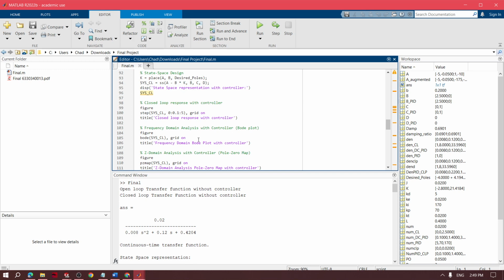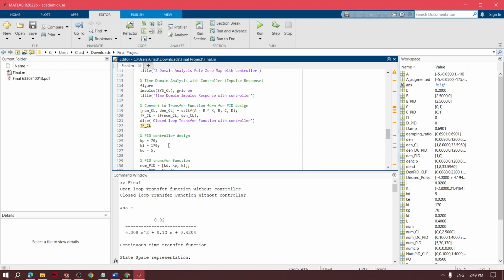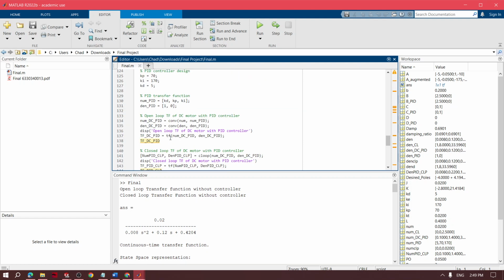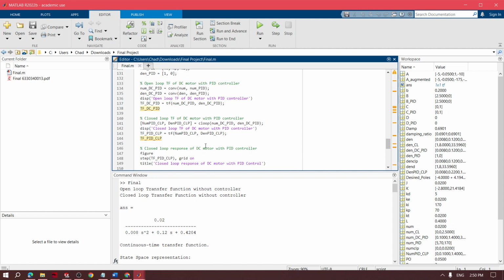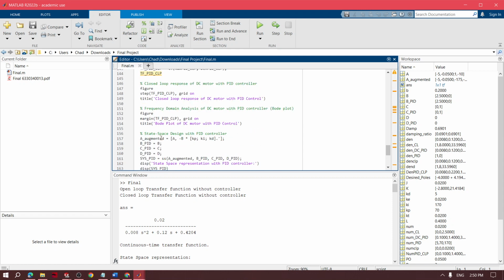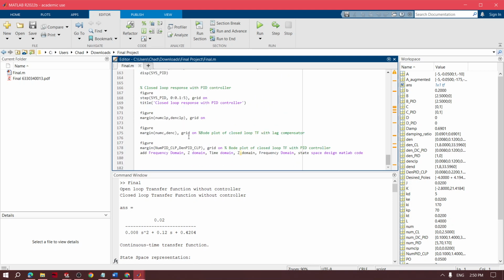frequency domain analysis, Z domain analysis, and convert to transfer function, PID control, PID transfer function, open loop TF of the DC motor, closed loop TF of the DC motor, closed loop response of the DC motor, state space design, closed loop response, and the figures.